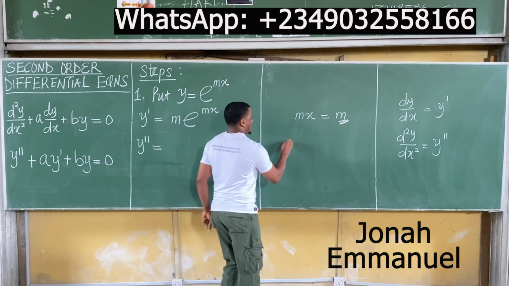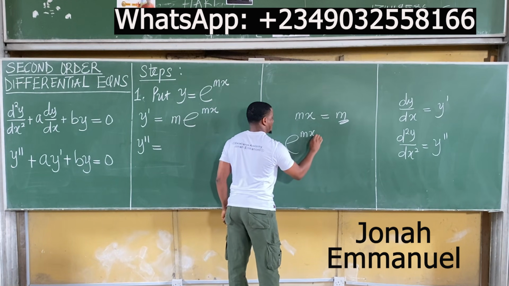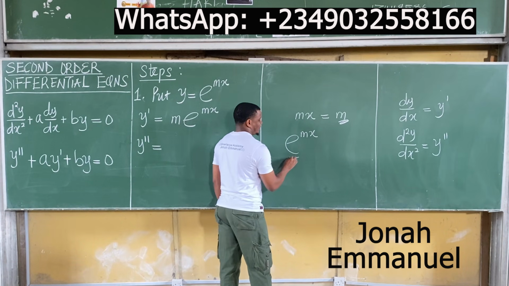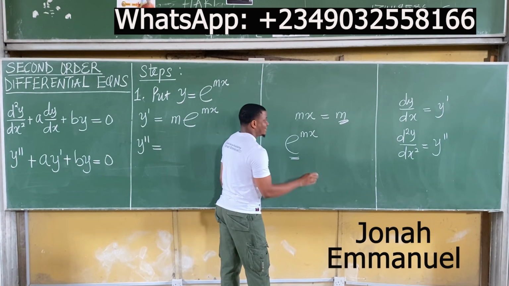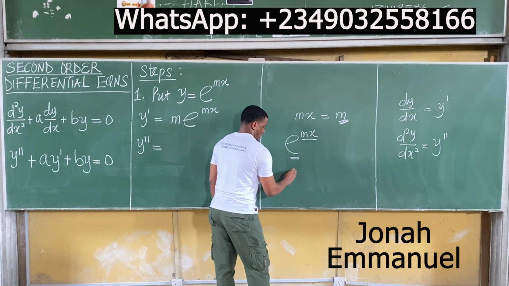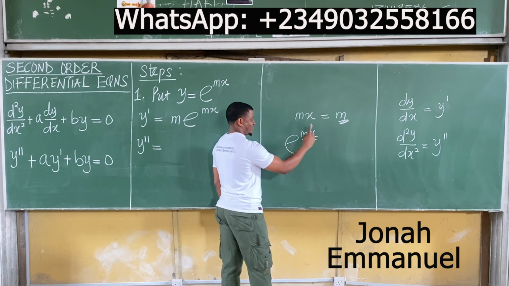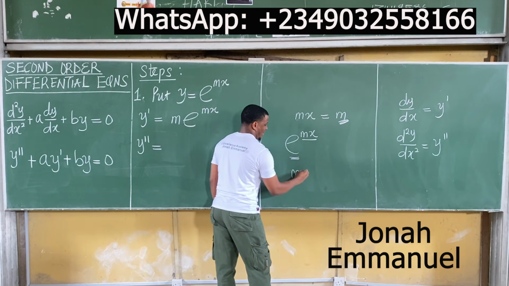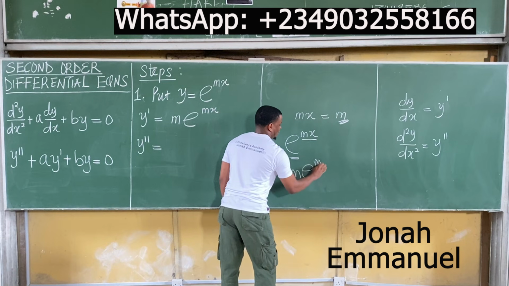I'm having exponential mx. Let's differentiate this. To differentiate an exponential function, as we said earlier, differentiate the power. If I differentiate mx with respect to x, what do I get? m. Attach m to this, it becomes m exponential mx.